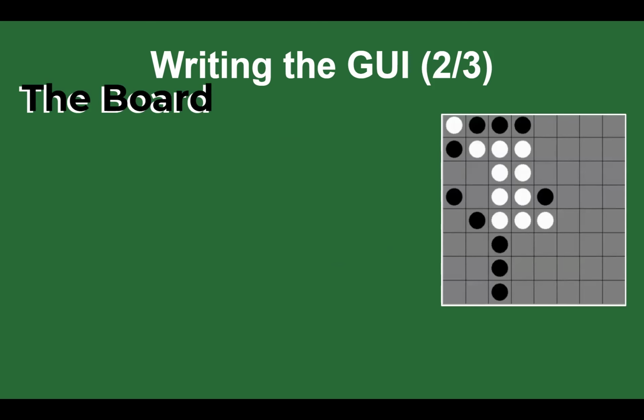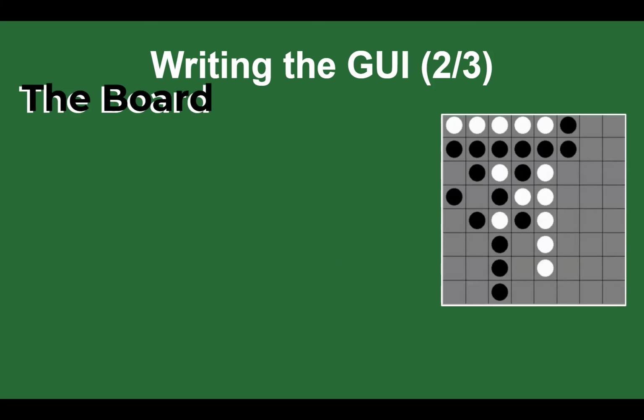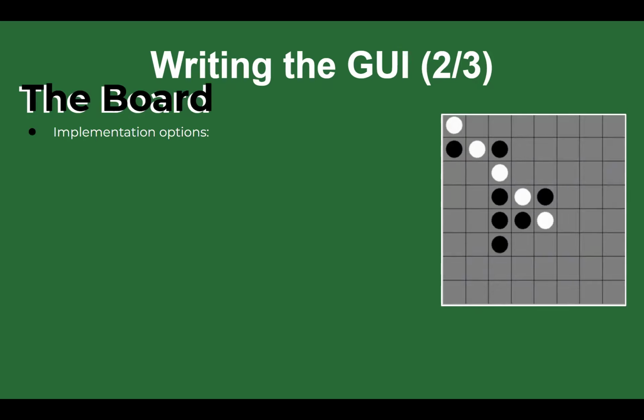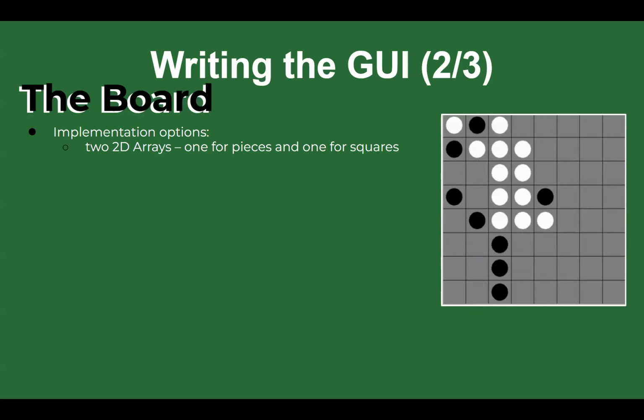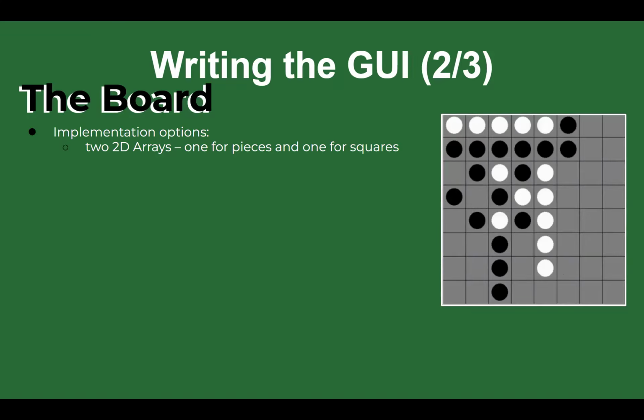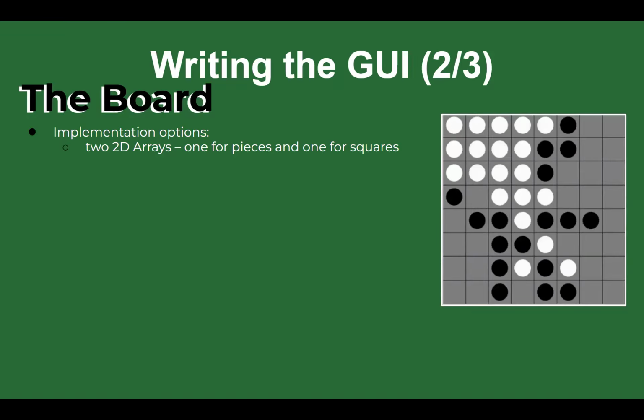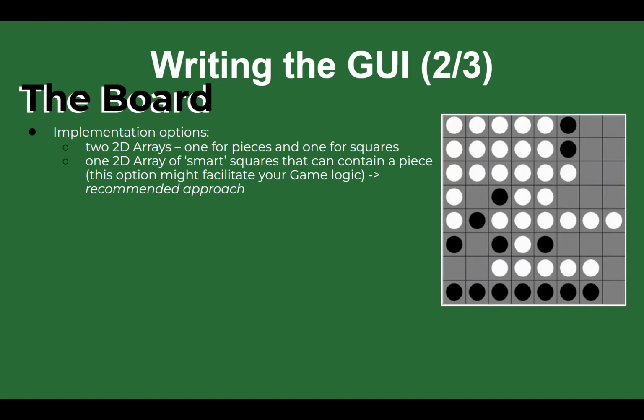Okay, so here's the board. You can see here's a little animated GIF of people playing Othello, and maybe it's a helpful visual for what I was explaining earlier about how the game works. You could implement it with two 2D arrays, one for the pieces and one for the squares.